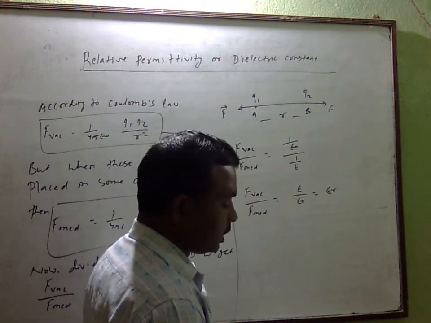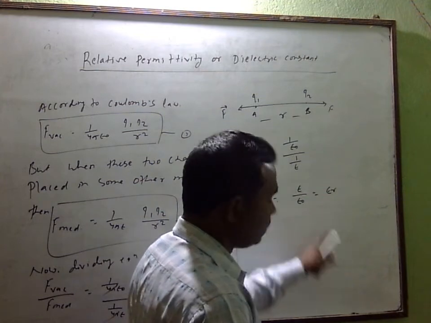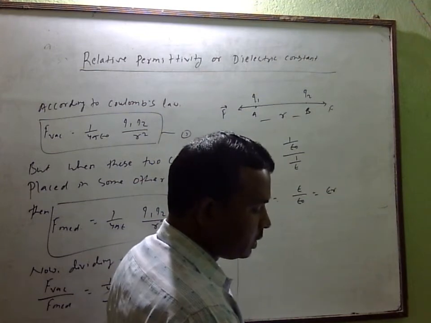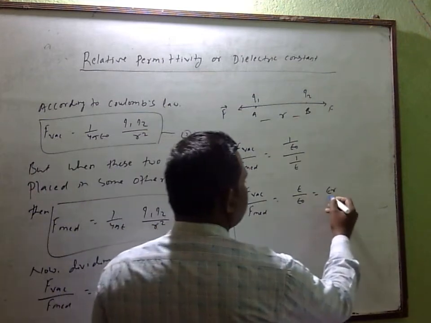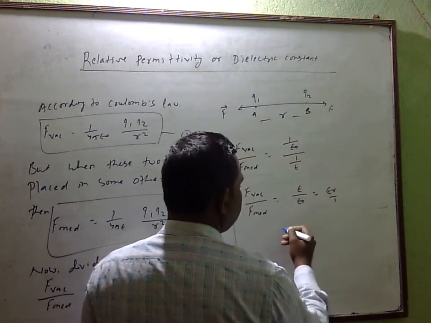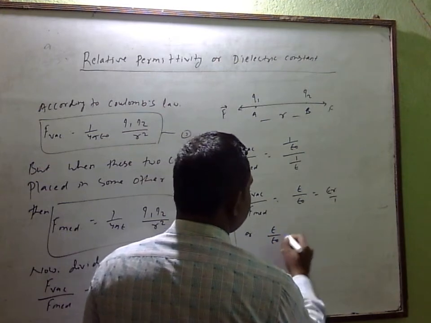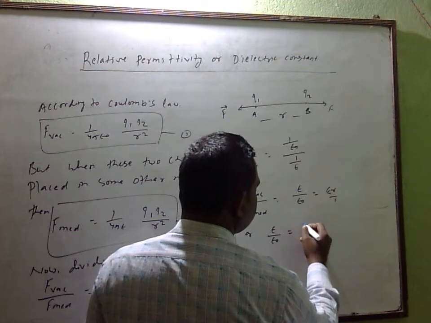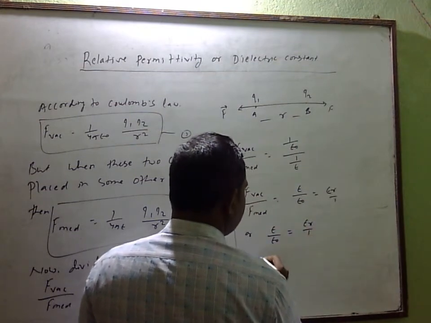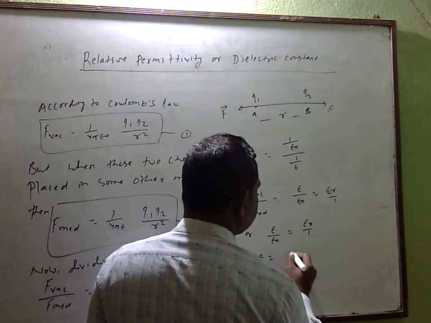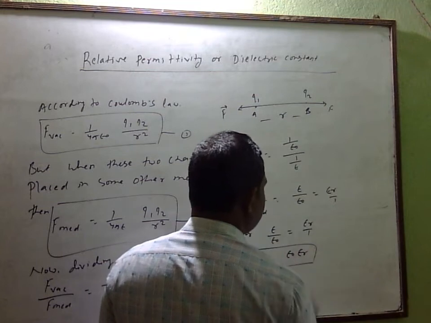If you cross multiply, suppose here is 1, epsilon by epsilon naught equals epsilon r by 1, then cross multiplying you get epsilon equal to epsilon naught epsilon r. This you will write.